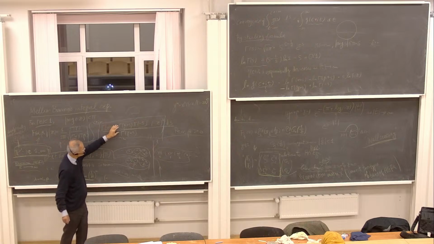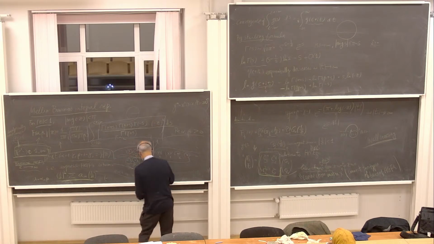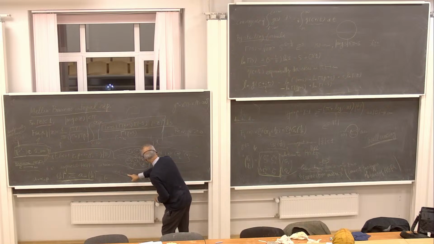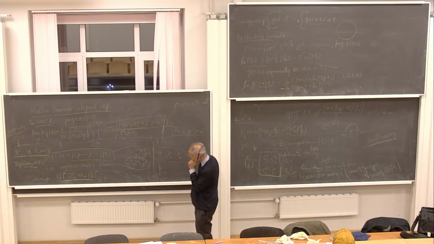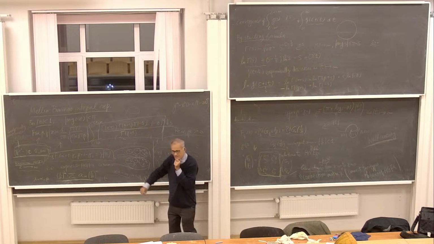Then you see that here we will have s to the power minus z, s to the power minus alpha minus m, and some other coefficients dependent on gamma functions.